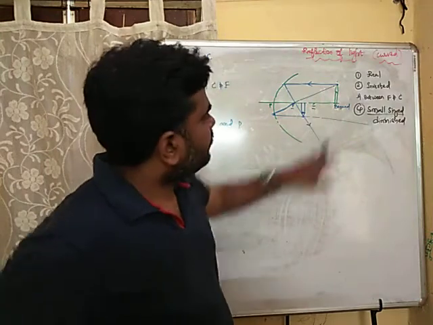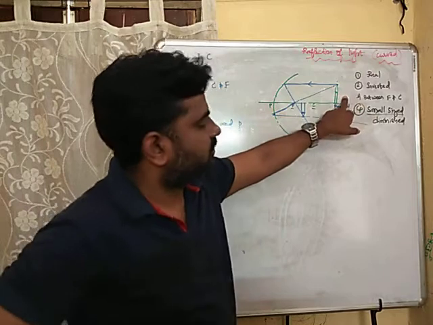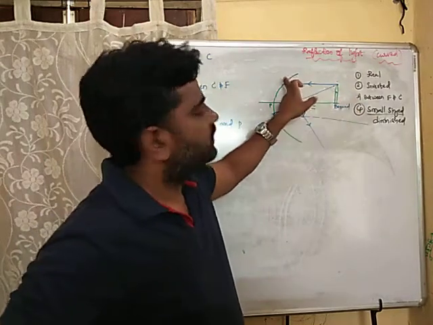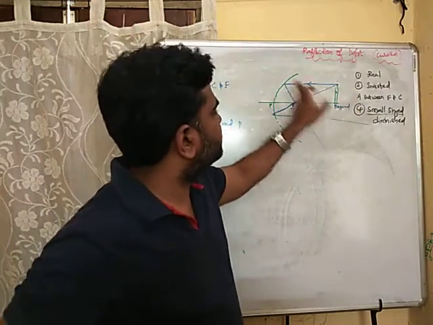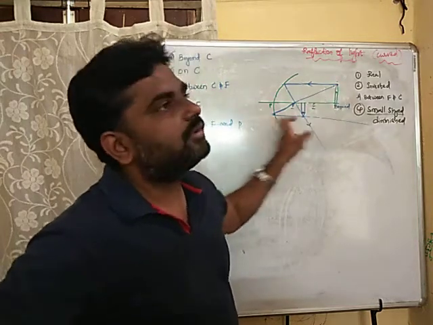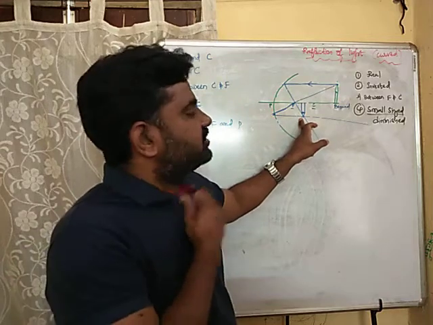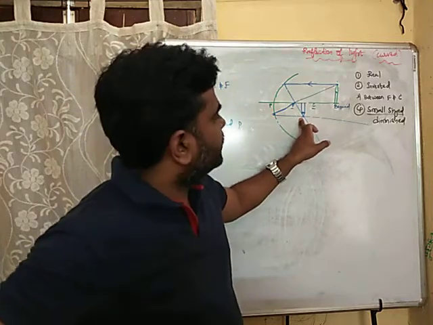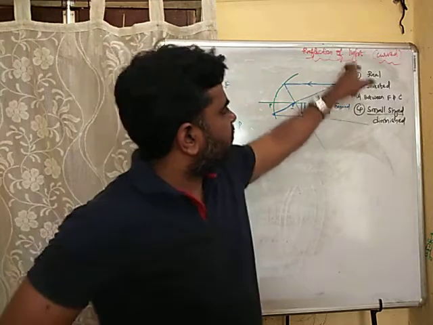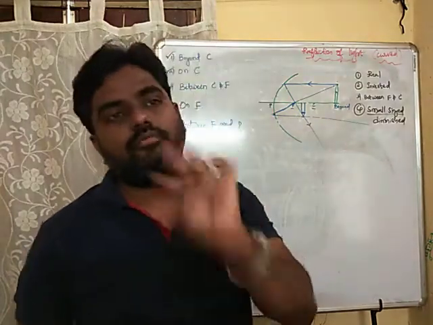Keep a candle, draw a candle diagram, and a light ray which is parallel to the principal axis will pass through the focus, and a light ray passing through the focus will become parallel. You will get an intersecting point. This intersecting point is nothing but the image location, and after getting the image location, draw these characteristics. If you write and draw, you will get 4 marks.